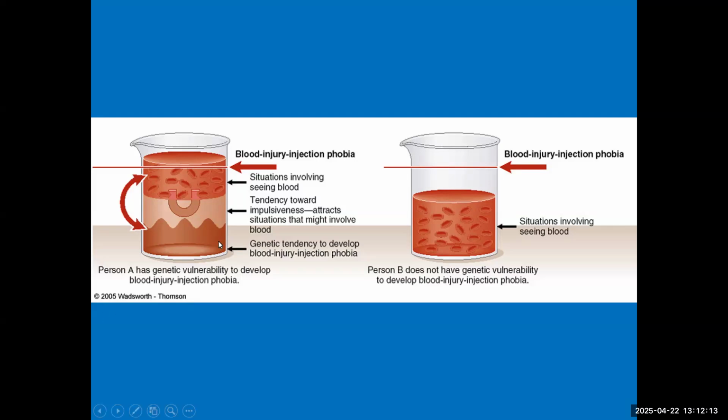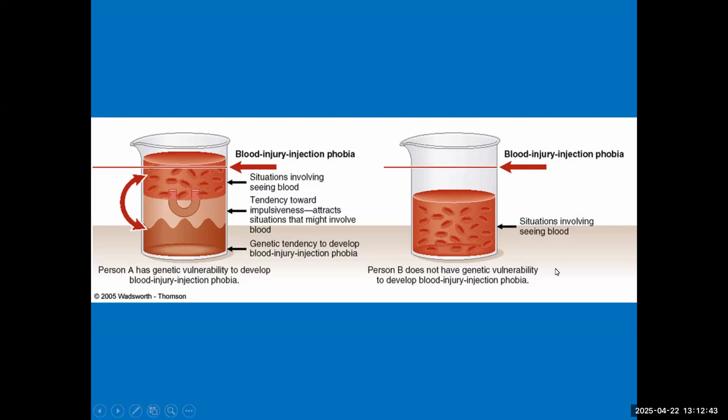So, once again, if you look over on the left here, we see that this person has an inherited tendency to develop the phobia. They've also inherited the personality trait of impulsiveness. As a result of having that personality trait, they may be putting themselves in a situation where blood is more likely to happen, and thus that all interacts and reciprocates and leads to a full-blown blood injury injection phobia.